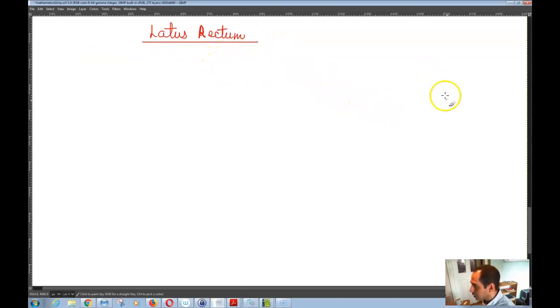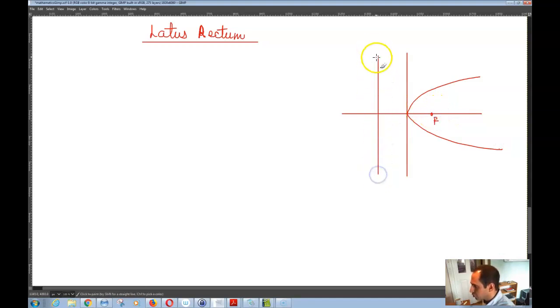So suppose that you have this parabola over here, and it opens towards the right, and this is your focus, and this is your directrix. So you have y over here, you have x over here.